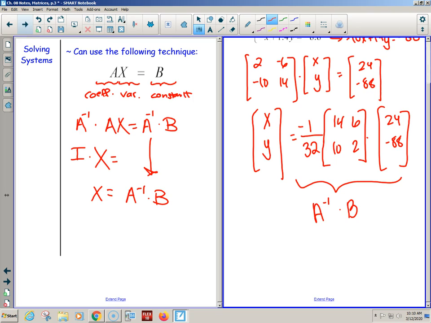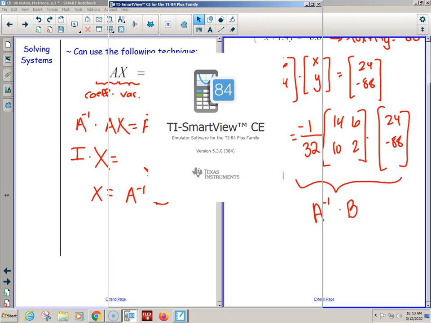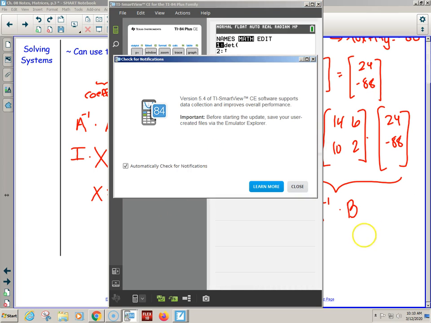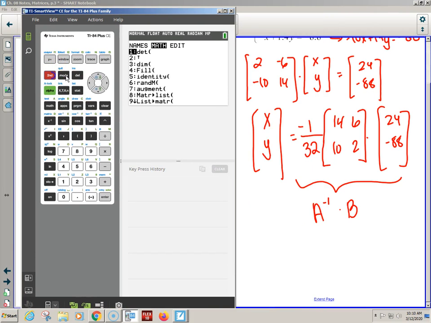So you could be plugging into the formula, or you could just be going for it using your calculator. So really quickly, just for those of you mostly that were gone yesterday, using that inverse feature, because it could be helpful. You could have taken this original guy.